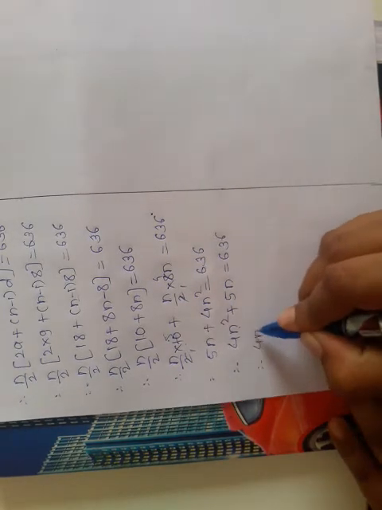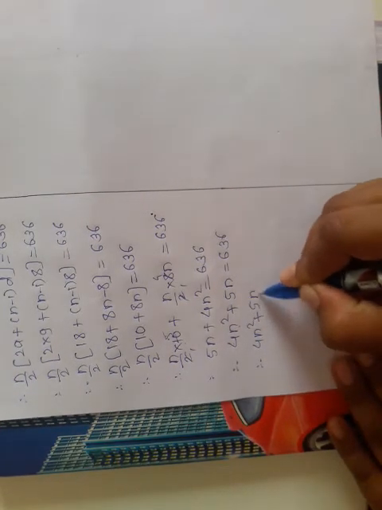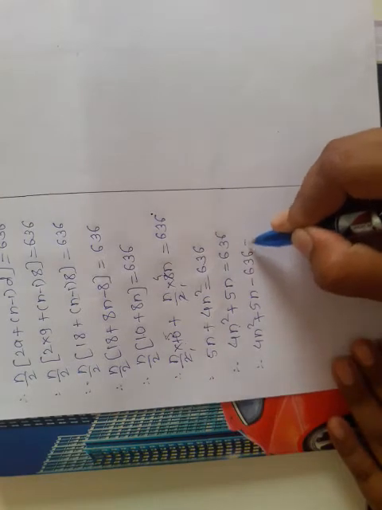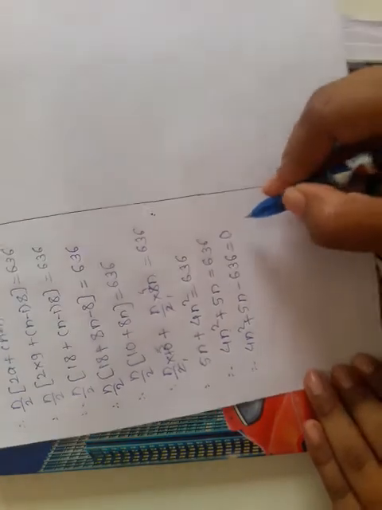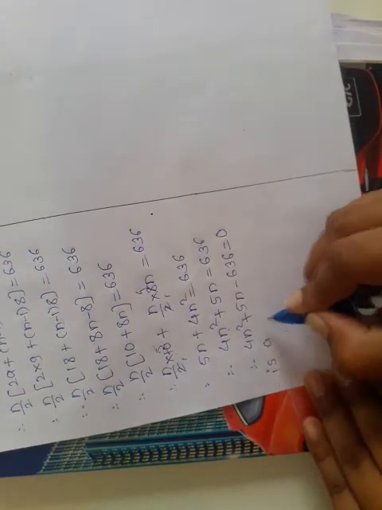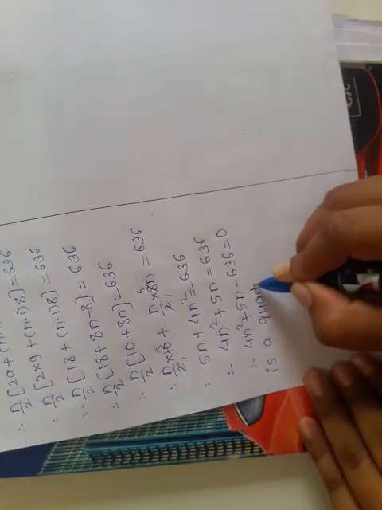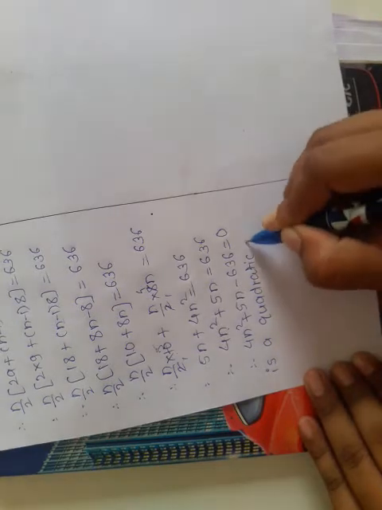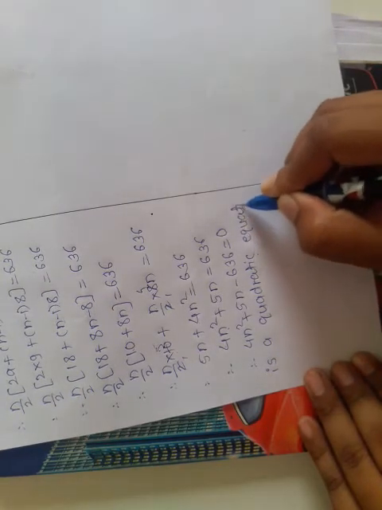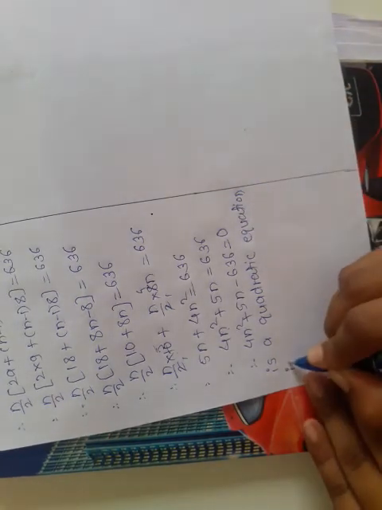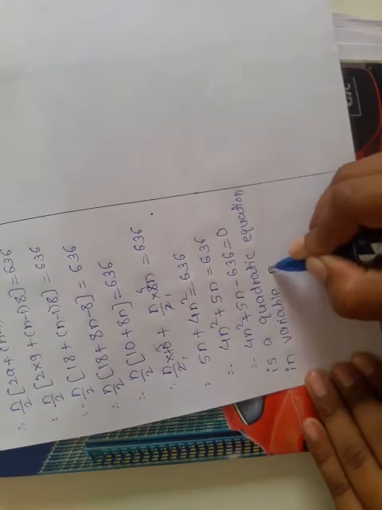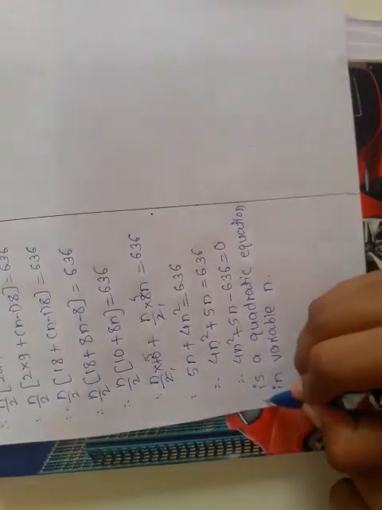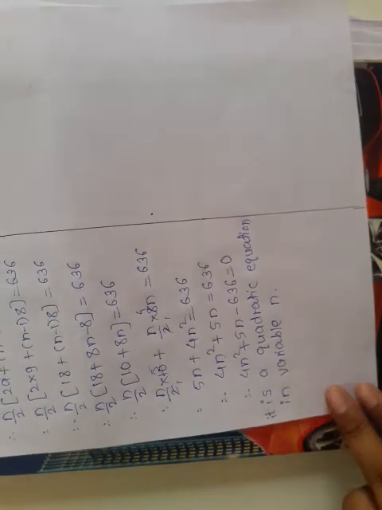So 4n square plus 5n minus 636 is equal to 0. This is our quadratic equation in variable n.